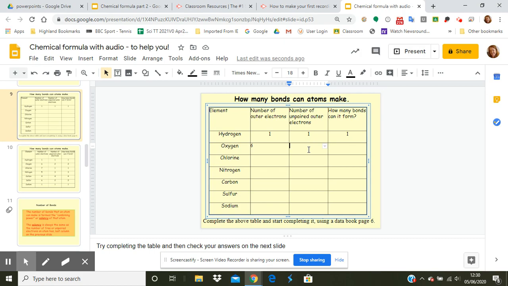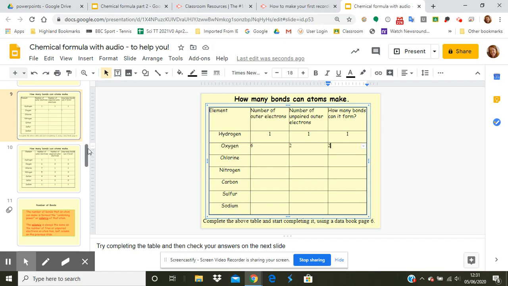The first 4 electrons go into all the window seats, and then the next 2 would share, leaving only 2 poor electrons all by themselves. So there'd be a 2 there. That means there's 2 electrons ready to bond, so that would also be 2. You want this column to be exactly the same as this column when you do that.